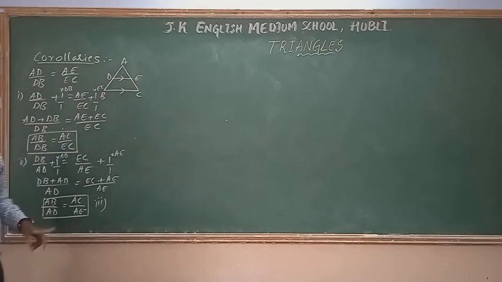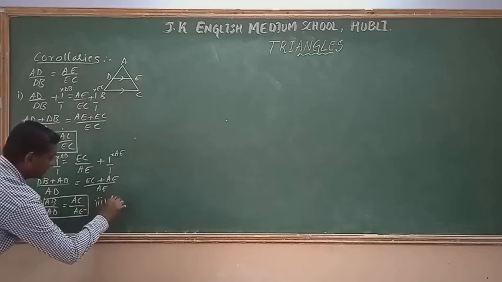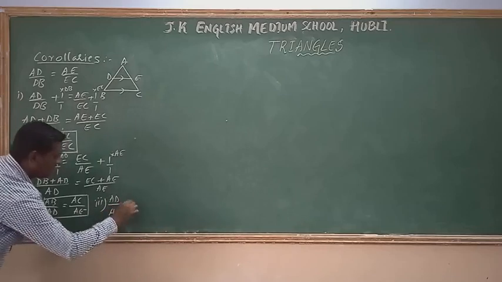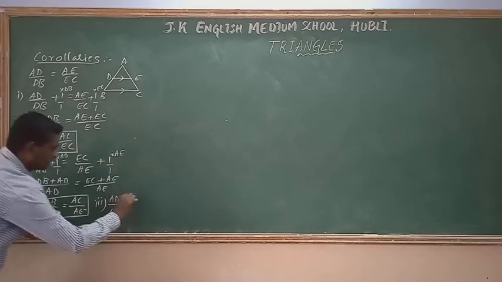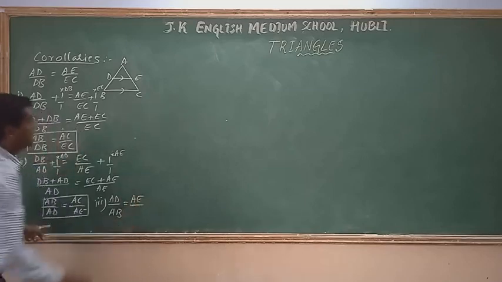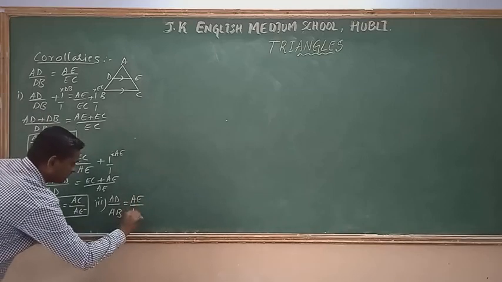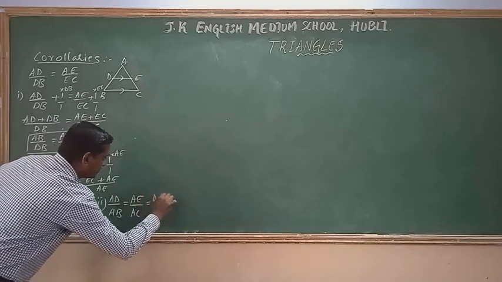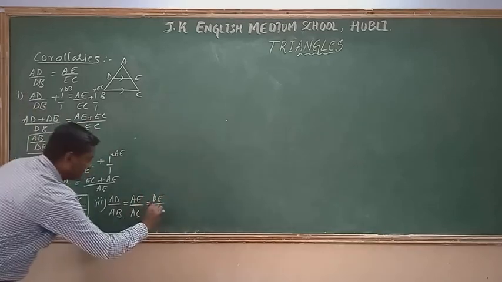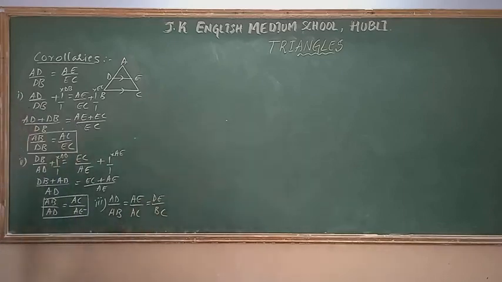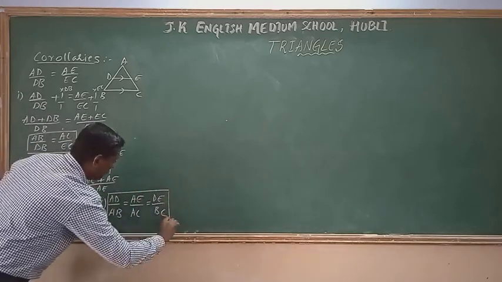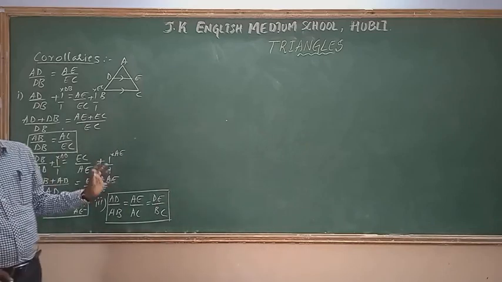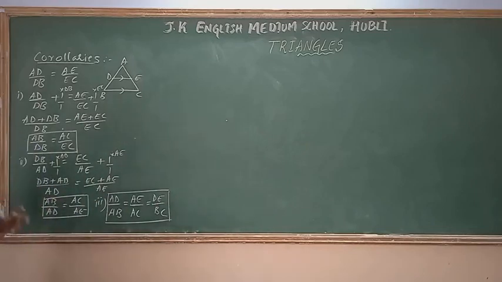Let us take the ratio of the small triangle, that is AD upon AB is equal to AE upon AC, and that is equal to DE upon BC. So this is the third formula, or your third corollary, which I am going to use to solve the examples.